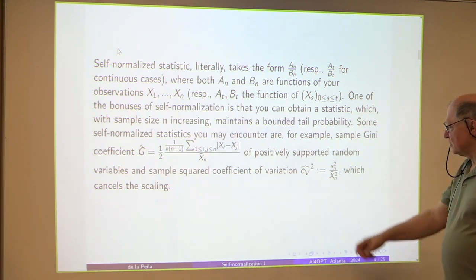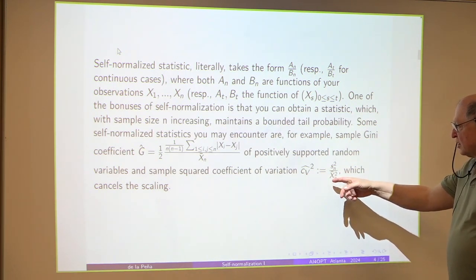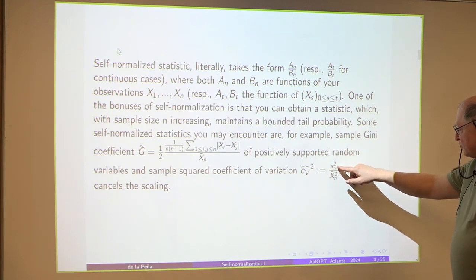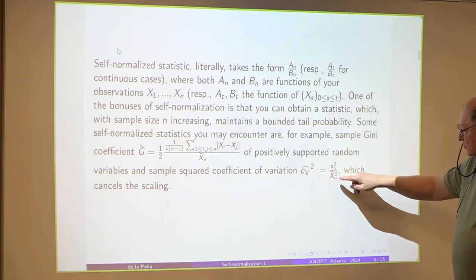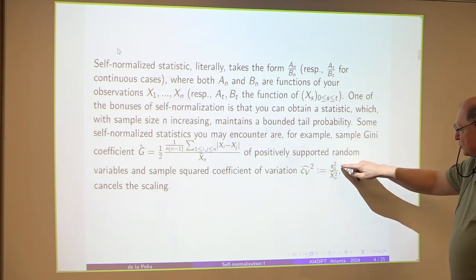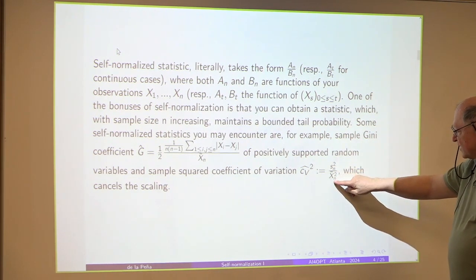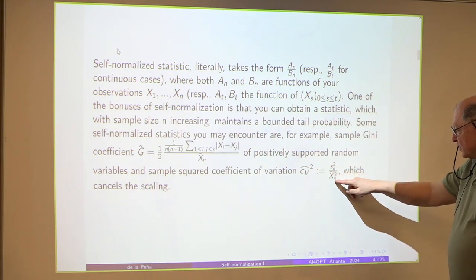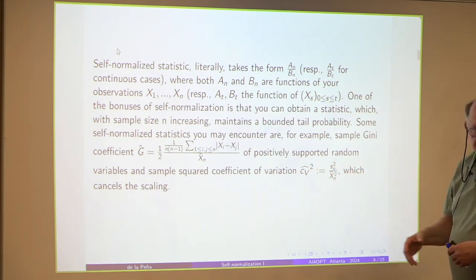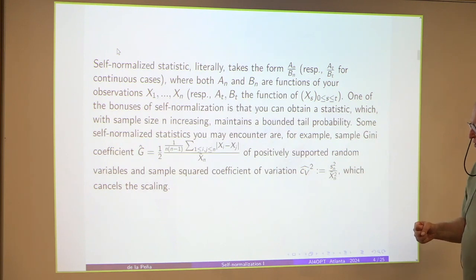Then there's also the coefficient of variation, where S_n is the sample variance. Suppose you have non-negative variables; you have the sample variance over the sample average squared. This is the square of the coefficient of variation, which is a measure of spread. The variance is a measure of spread, but you get a different variance if you have different units.